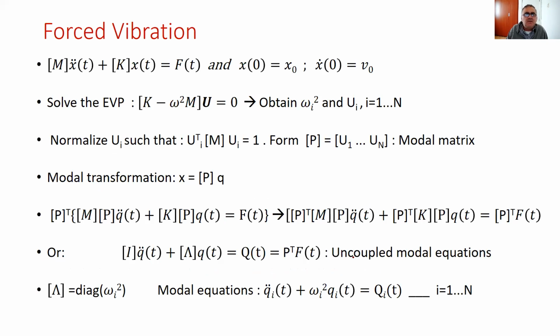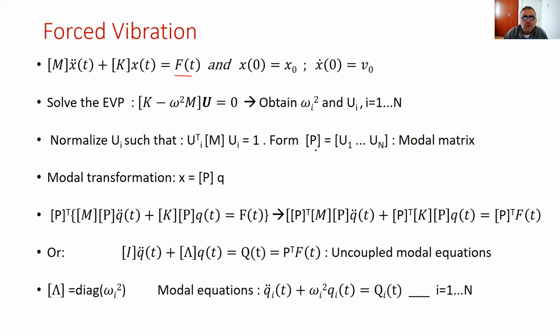And we do something kind of similar for forced vibrations. We have now forced vibrations. The vibrations have a forcing term. And on top of that, we might have initial conditions. Okay? We do the same thing. We solve the eigenvalue problem, obtain natural frequencies and mode shapes. We normalize the mode shapes.